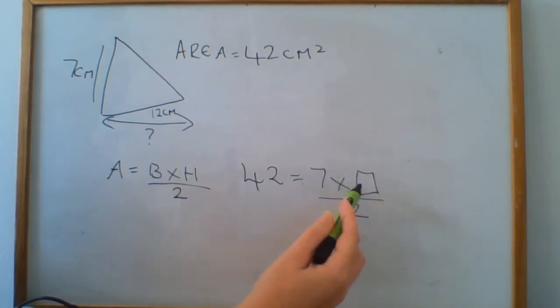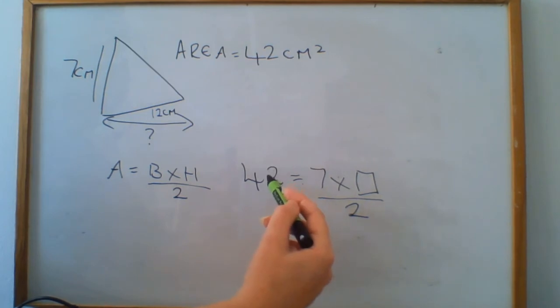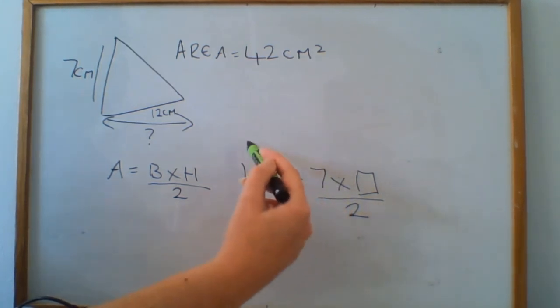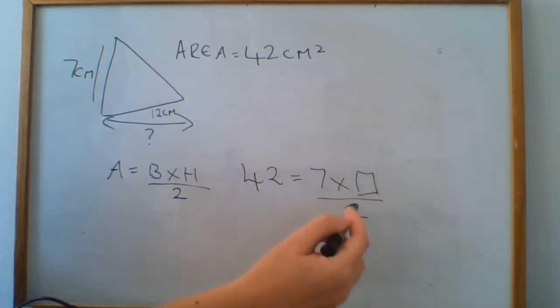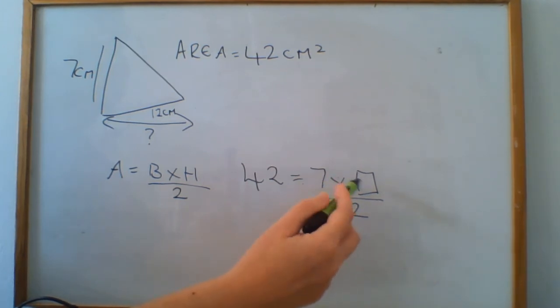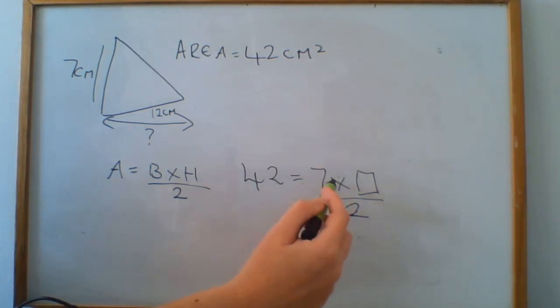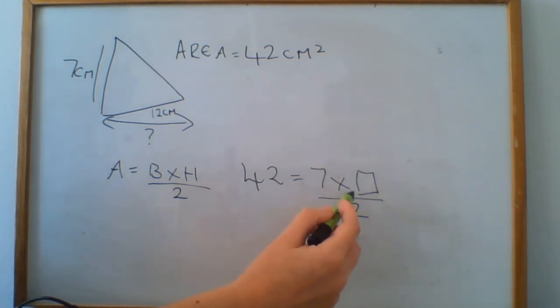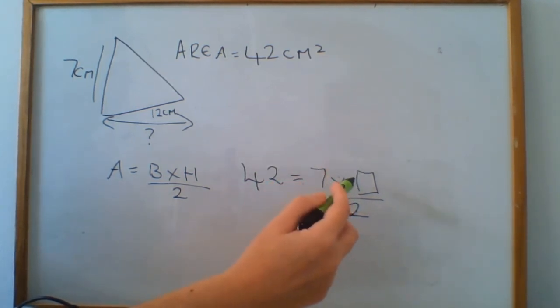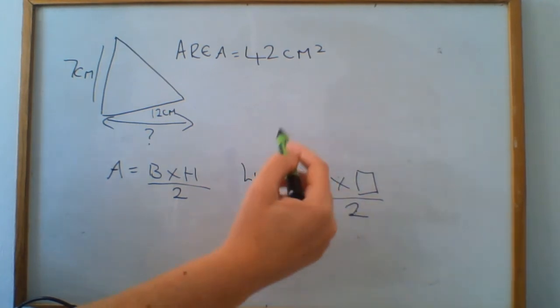So if we work this out, because this is divided by 2, this would then equal 84, multiplying it by 2. This top bit would have to equal 84, so then when we divide it by 2, it would equal 42. It'll make more sense when you see the answer. But if you're dividing by 2, to work out the answer, multiply it by 2, you get 84, so you know when you divide it, you get back to the answer of 42.